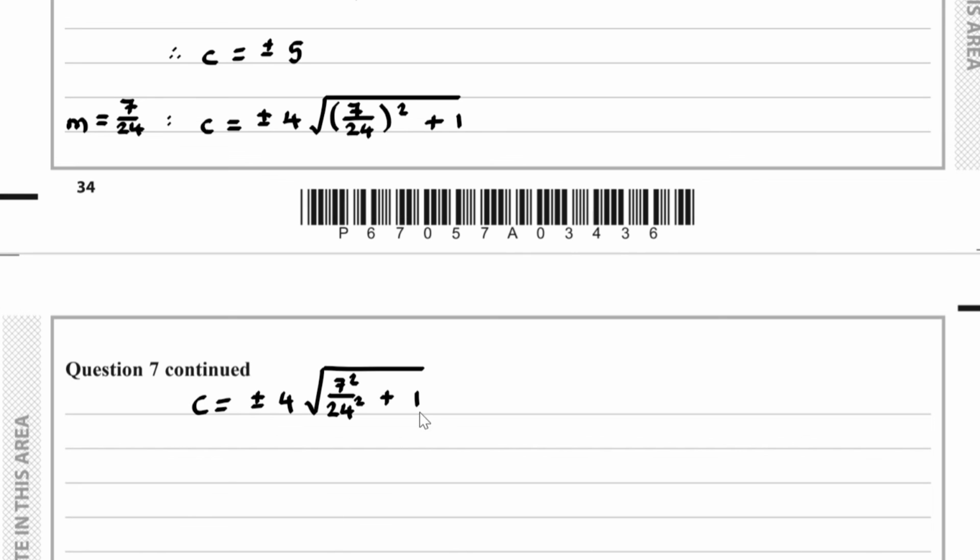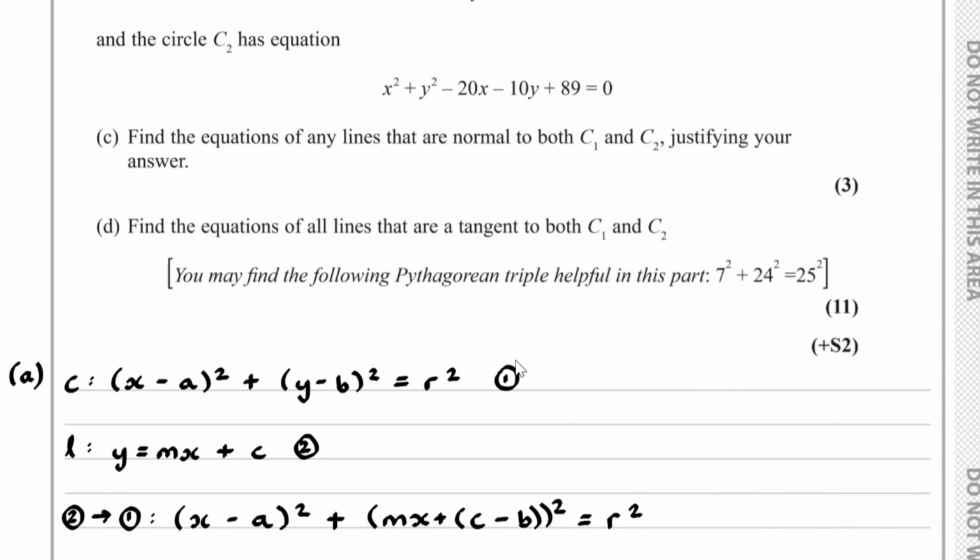And the way we can simplify this result is to use what we were told in the question. If 7 squared plus 24 squared is 25 squared, that would mean that 25 squared minus 7 squared is 24 squared.